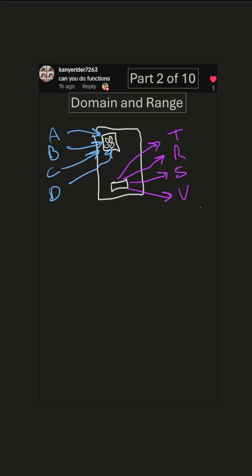For example, let's say you press button A, maybe that'll give you beverage R, and the vending machine is the function. So this is the notation we use. We say the function f of A equals R.